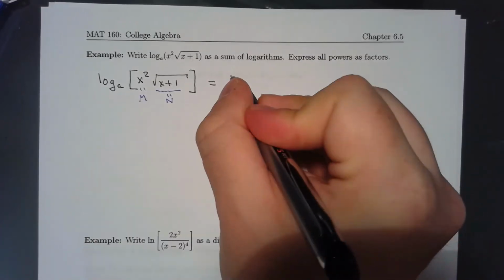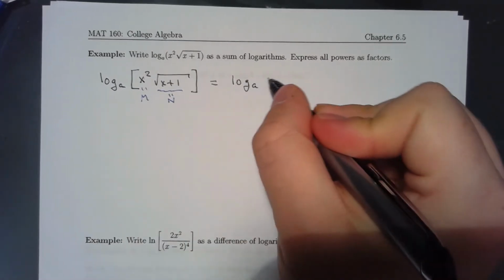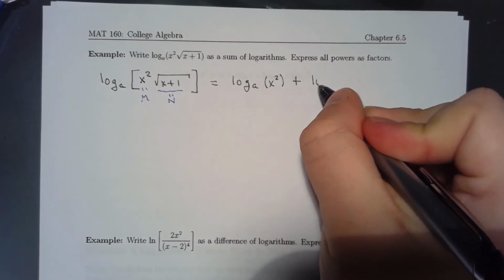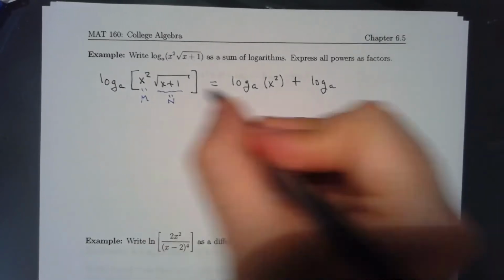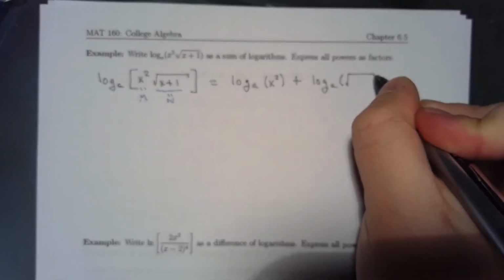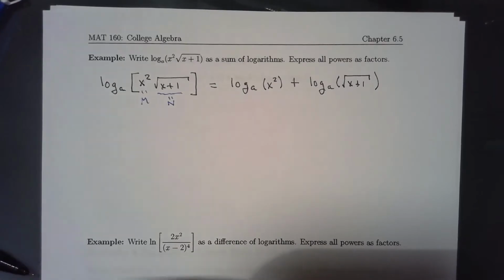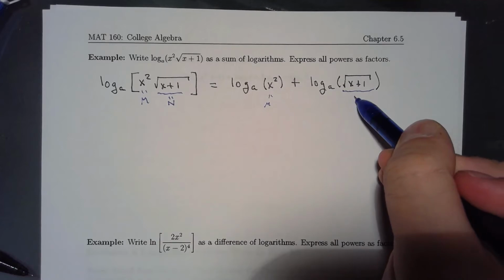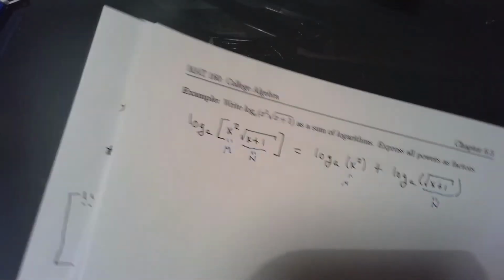That's going to equal log base a of m, which is x squared, plus log base a of the square root of x plus 1. Where this right here is the m term, and that whole thing is the n term. That's analogous to the property we just looked at.